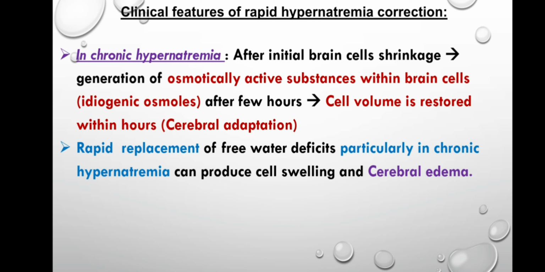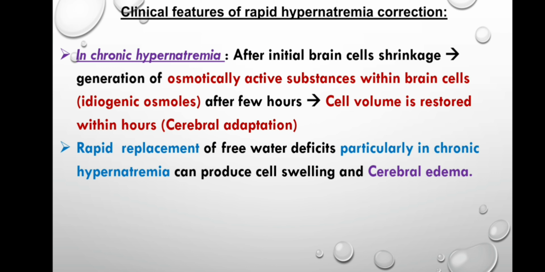But the problem is the rapid correction of hypernatremia. If rapid correction occurs in chronic hypernatremia, it has very bad consequences. Why? If we rapidly replace the free water deficit in chronic hypernatremia, this will cause a rapid shift from the hypotonic site to the hypertonic site, and this rapid shift will cause cerebral edema.